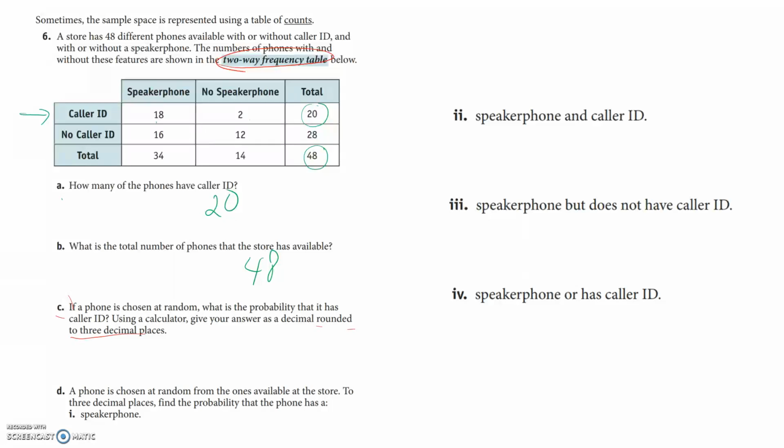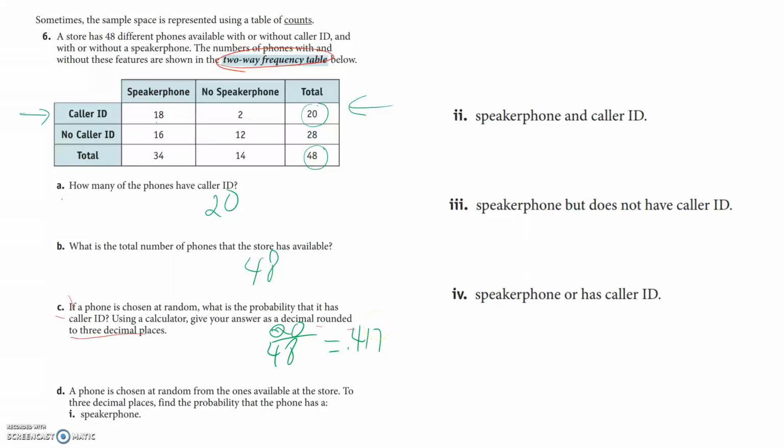Now, if a phone is chosen at random, what is the probability that it has caller ID? So we're going to come up here to caller ID. We're going to go back to that total here, and we see that we would have the 20 out of the 48. And if we then give our answer to 3 decimal places, that should have gotten you approximately 0.417.